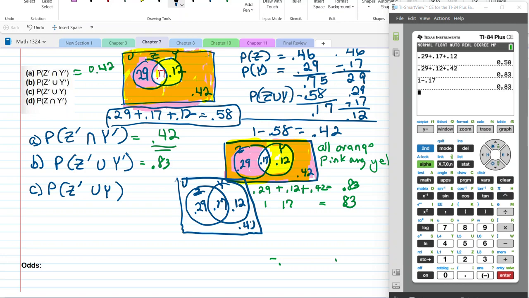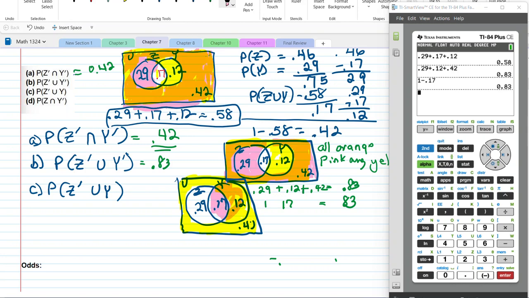Right, so let's see what we get. So we're going to say first, not Z. That's our yellow. And we're going to add to it Y. So this is all not Z, and we're going to add to it yellow.